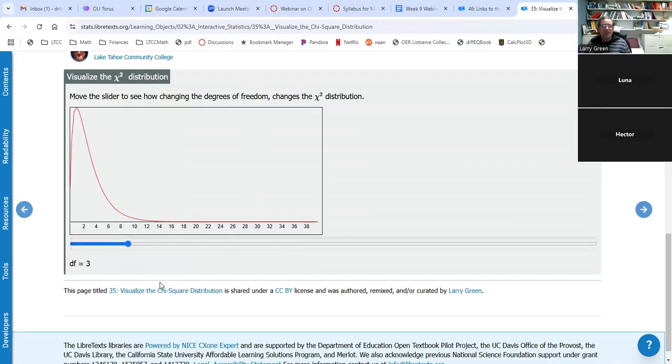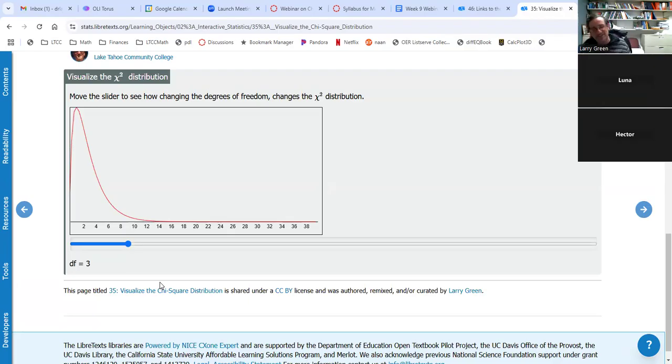Okay, and you'll notice that there's no negative numbers, which you would expect from the word chi-squared, because if you square a number, you don't get a negative number. All right, here's what I'm not going to do. I'm not even going to pretend that we have time to talk about the mathematics behind it. If you want to learn, you need to go to graduate school in mathematics or mathematical statistics.